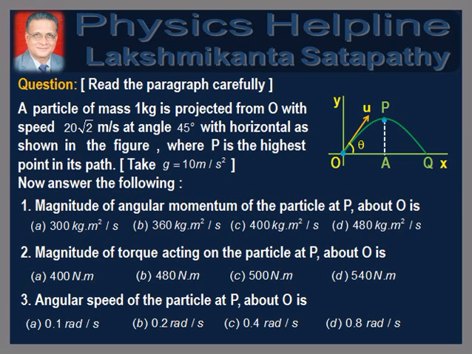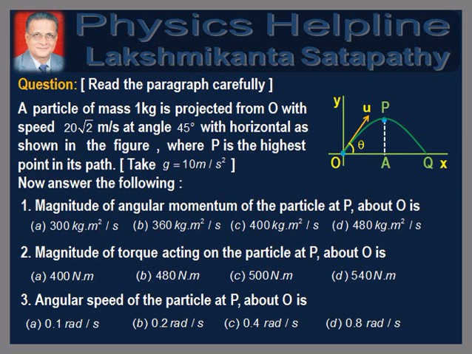Magnitude of angular momentum of the particle at P about O is, the options are 300 kg meter square per second, 360 kg meter square per second, 400 kg meter square per second, and 480 kg meter square per second.